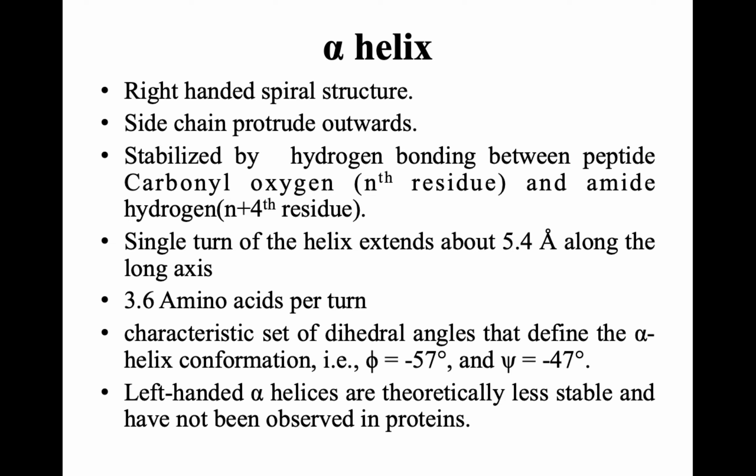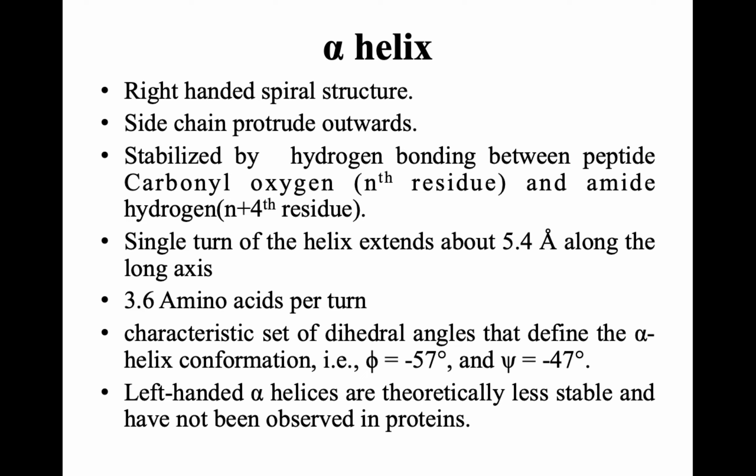Now we are going to discuss one of the secondary structures, which is called the alpha helix. The alpha helix is majorly a helical, or spiral, structure, where the side chains of the amino acid residues protrude outside. The alpha helix is stabilized by the formation of hydrogen bonds between the peptide carbonyl oxygen and the amide hydrogen.